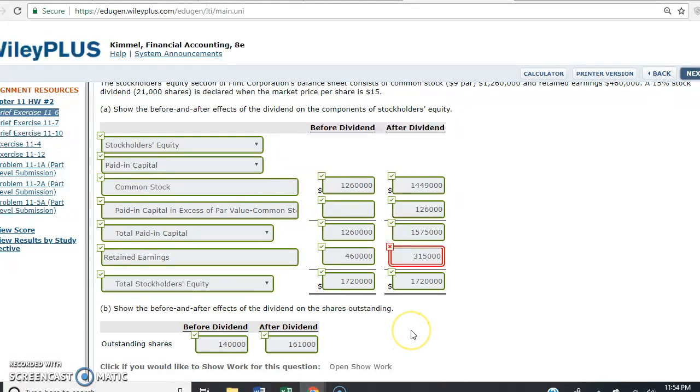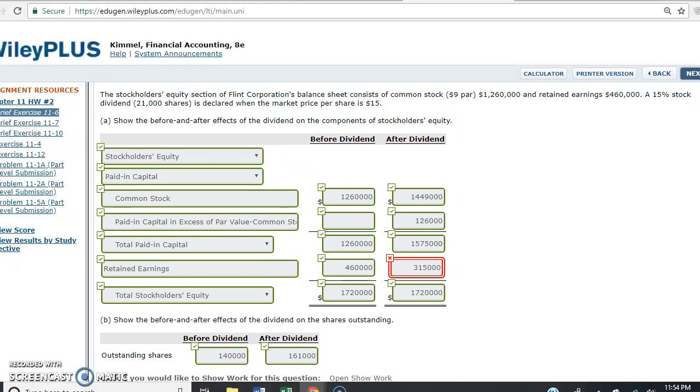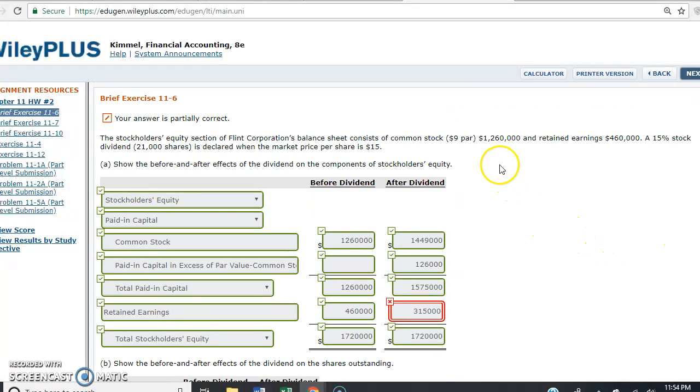The next important thing we need to do in order to fill out the after dividend section is find out how many total shares there are. This is relatively easy. We're given that the par value is $9 a share, and there's $1,260,000 of common stock. If you look at the first sentence, essentially that gives you the answer to the before dividend. Everything in the second sentence helps you find the after dividend section.